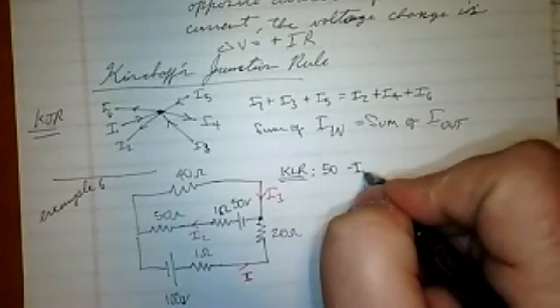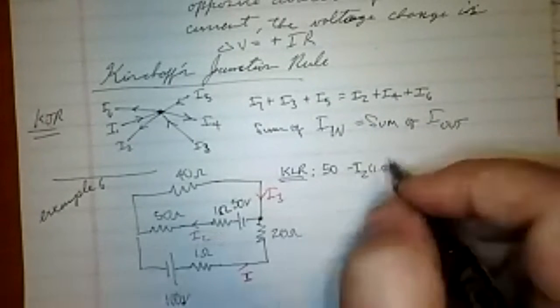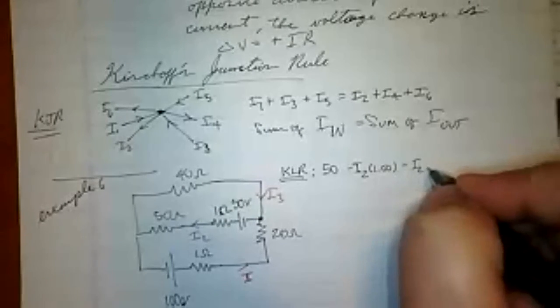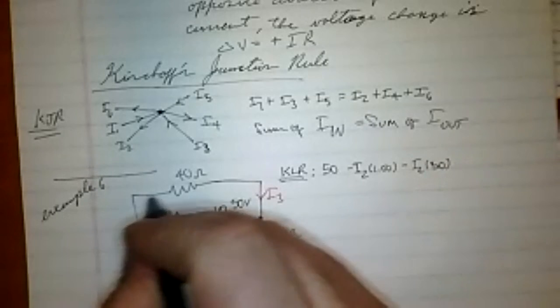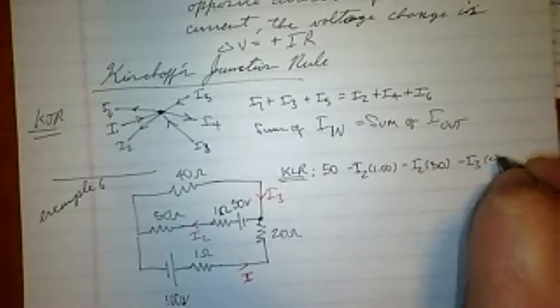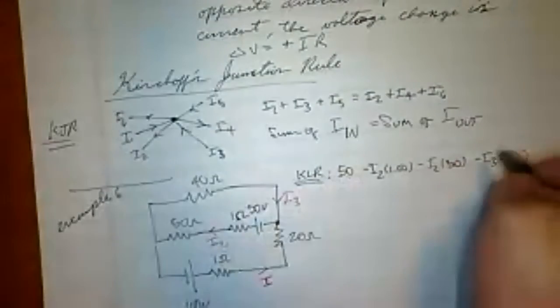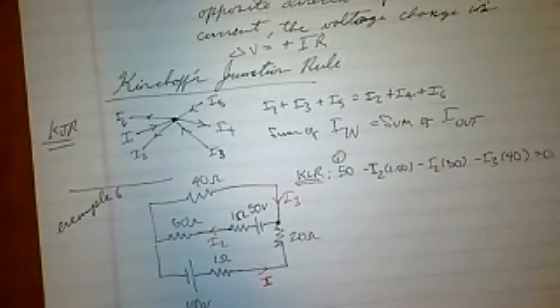I'm going the direction of current, so that's a minus. I2 times 1.00 minus I2 times 50. And now minus I3 times 40. I'm back where I started. That's going to be equal to 0. So that'd be one of my equations.